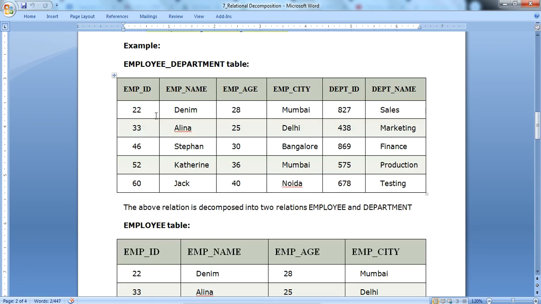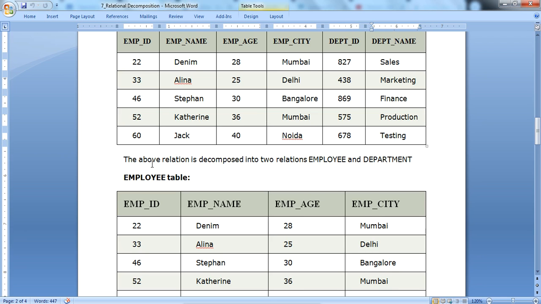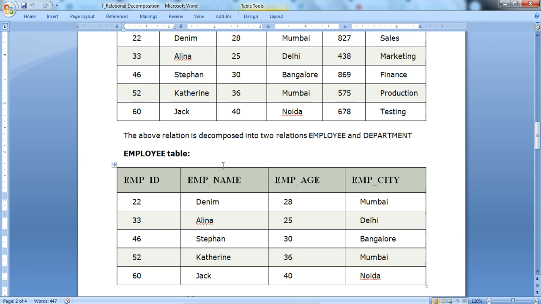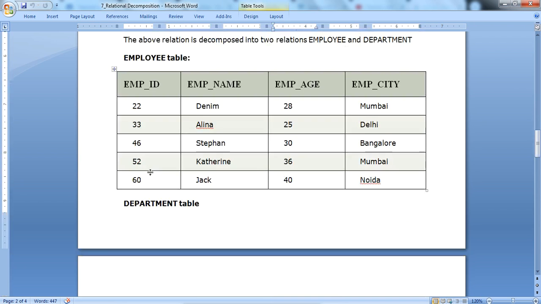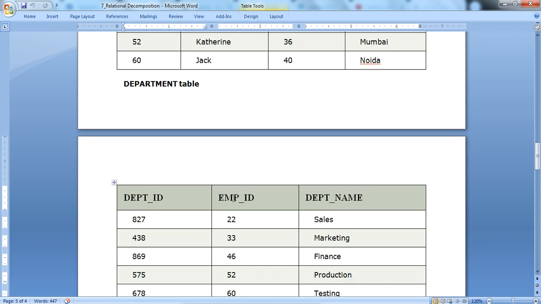Then a simple example: we have the table employee details, with employee ID, name, age, city, department ID, and department name. Now we go with the decomposition. The above relation is decomposed into two relations, employee and department. Employee contains employee ID, name, age, and city. Next, department has department ID, employee ID, and department name. This is the second table.